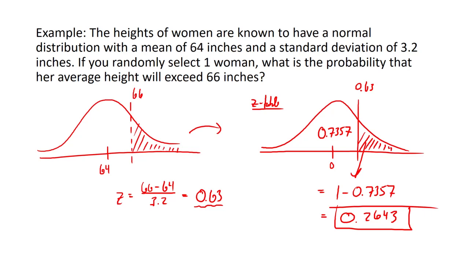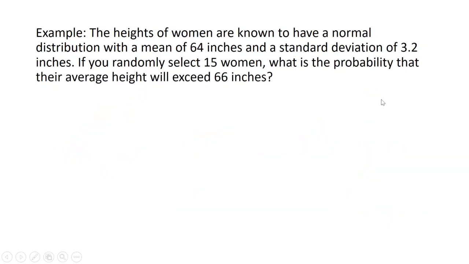Okay with that? Okay. So now, typically when we're sampling, we're not just picking one person though, right? That wouldn't make much sense to just sample one person. You would want to sample as many as possible. So let's say instead, what if we randomly selected 15 women?